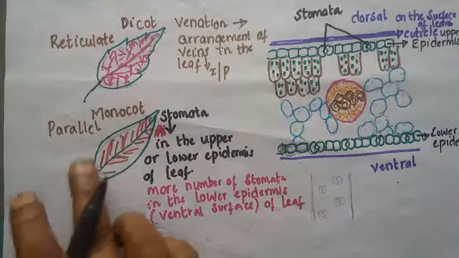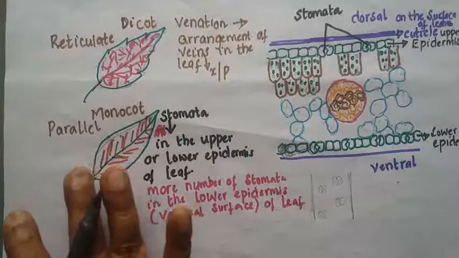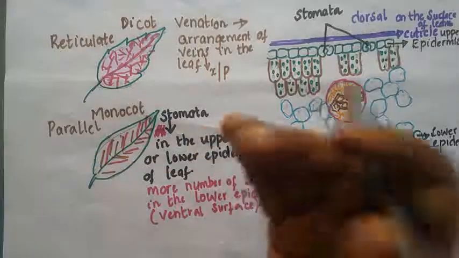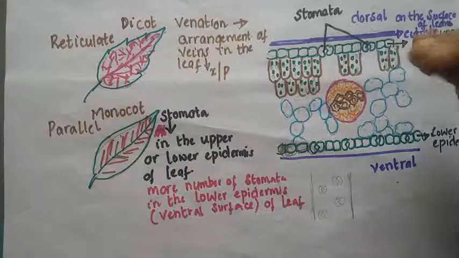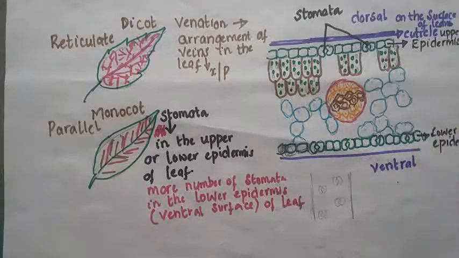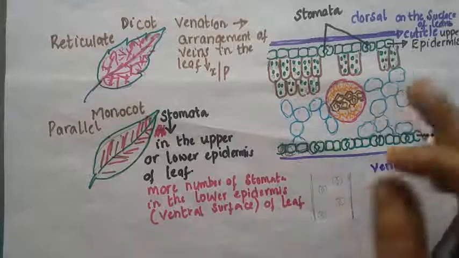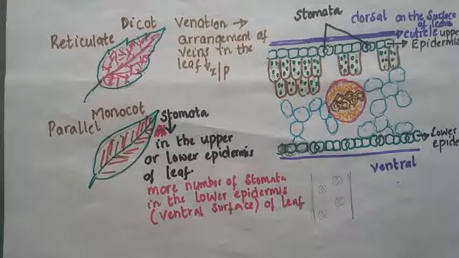Whereas in the case of monocot leaves, you find almost the same number of stomata both in the upper and lower epidermis of the leaf. That is the difference between dicot leaves and monocot leaves with reference to the number of stomata.